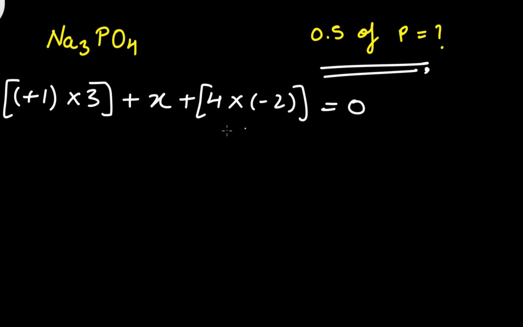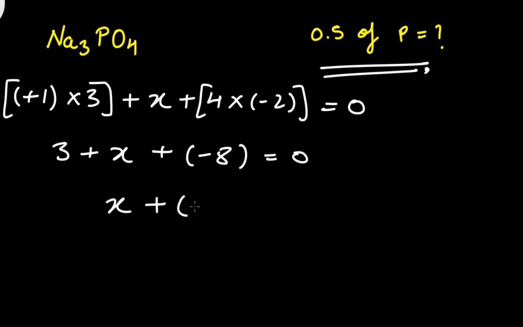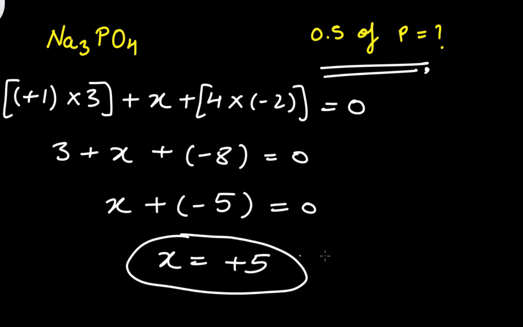Overall there is no charge, so equal to 0. 3 plus X plus -8 is equal to 0. X plus -5 is equal to 0. X is equal to +5. So the oxidation state of phosphorus in Na3PO4 is +5. Let's move to the next.